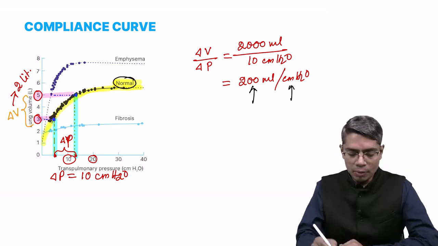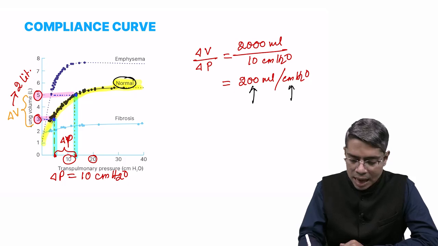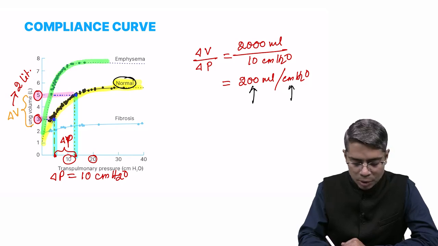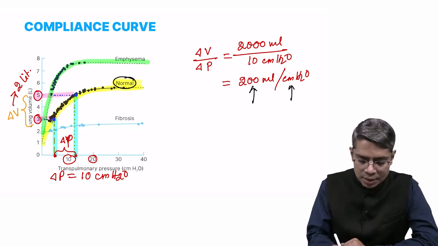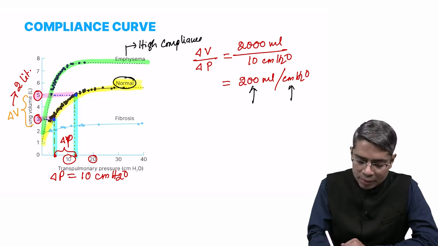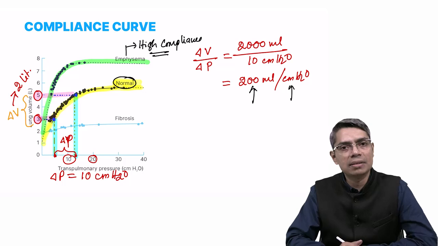Now if you look at one curve which is situated above this normal compliance curve, I can easily understand that this person will have a high compliance, and we have already understood that an emphysema patient will have high compliance because of the loss of elastic tissue.